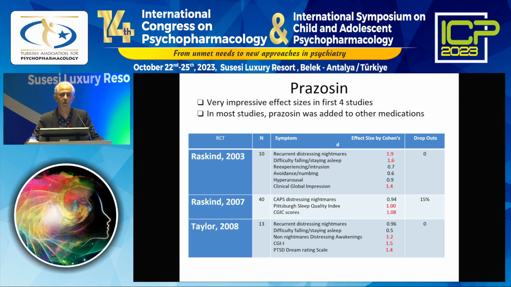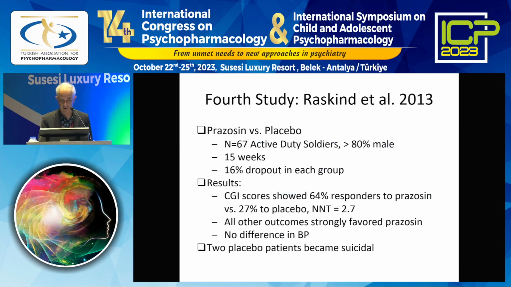We're lucky when we can get 0.5 as an effect size for a lot of other things that we treat. And some of these studies involved looking at daytime symptoms, such as the hyperarousal, avoidance, numbing, re-experiencing. Those all had effect sizes just under 1. So this is how things started.